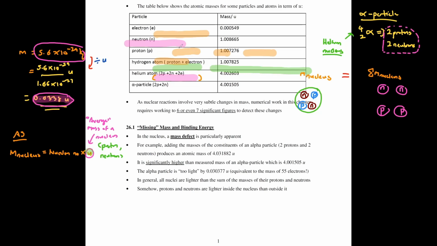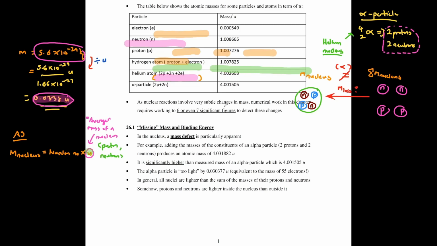But when people actually found out the masses, it's not the same. Instead, the mass of the nucleus itself is actually less than the total mass of the nucleons. So somehow, when you go from here to here, you have mass loss.